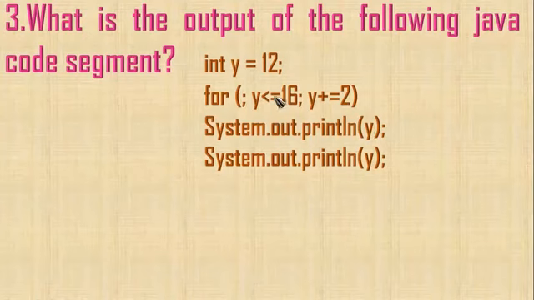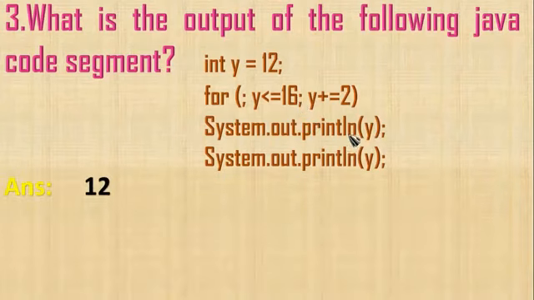So y is 12, 12 is less than 16, so it will print 12. It is println, so it will go to a new line. Now y += 2, so it is increased by 2. Now it becomes 14. This is also true, 14 is printed, and then it is increased by 2, it becomes 16.